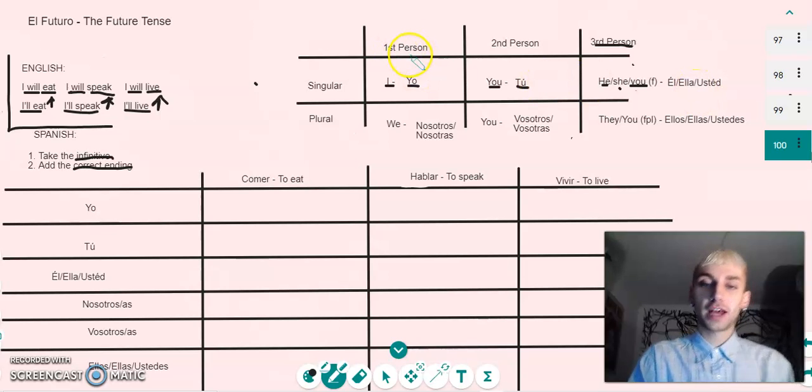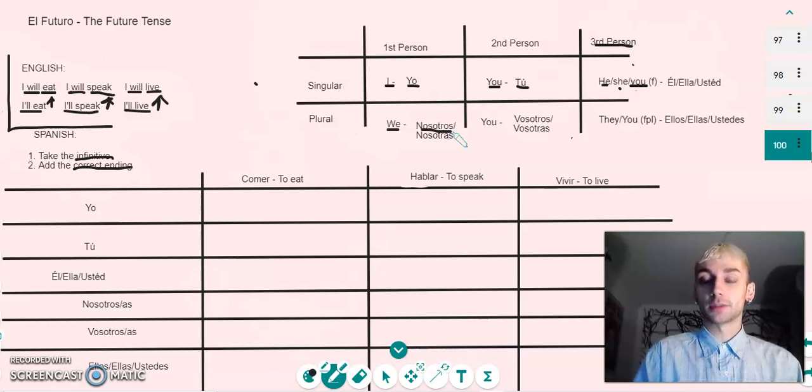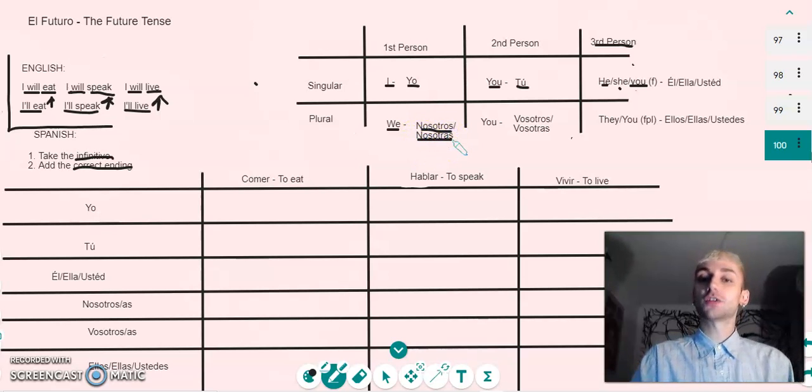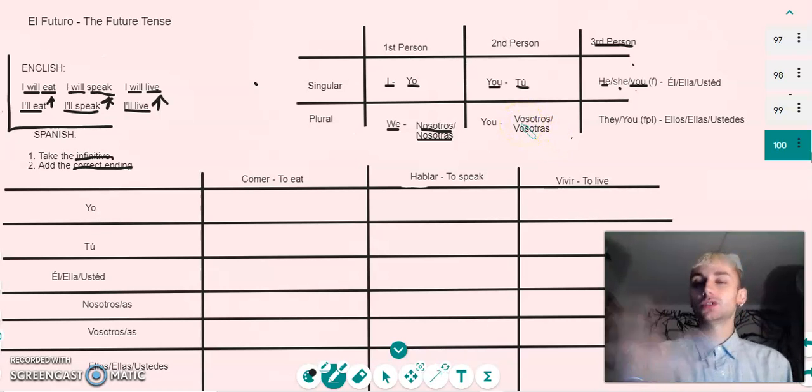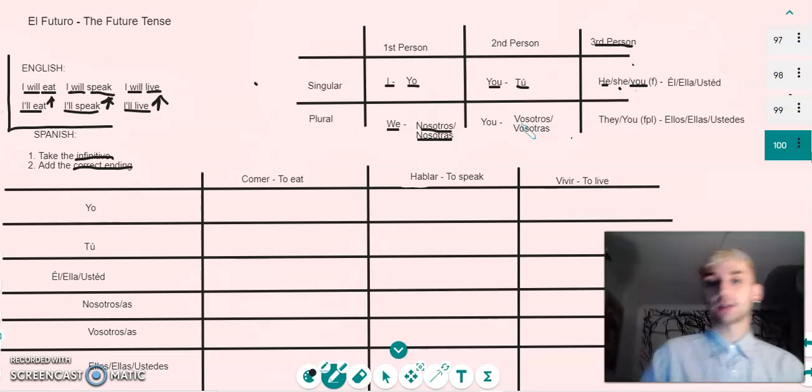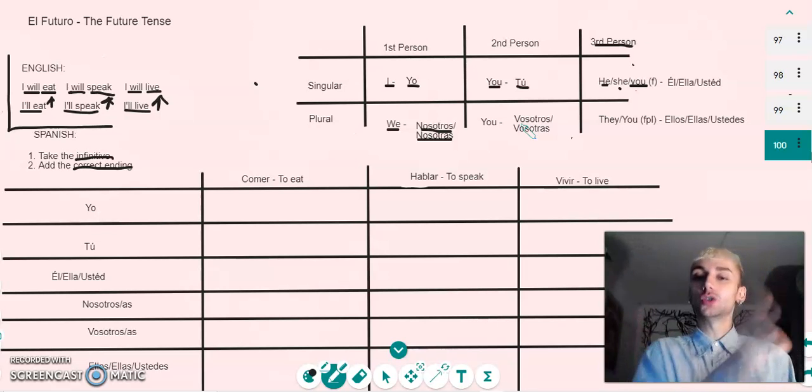We then have first person plural, which in English is we, and in Spanish nosotros, for a group solely consisting of boys or of mixed genders, and nosotras when you are referring to a group that consists of solely girls. We then have our second person plural, vosotros or vosotras. When you use this pronoun in Spanish, you are saying you lot. It's a collective, a group of you.